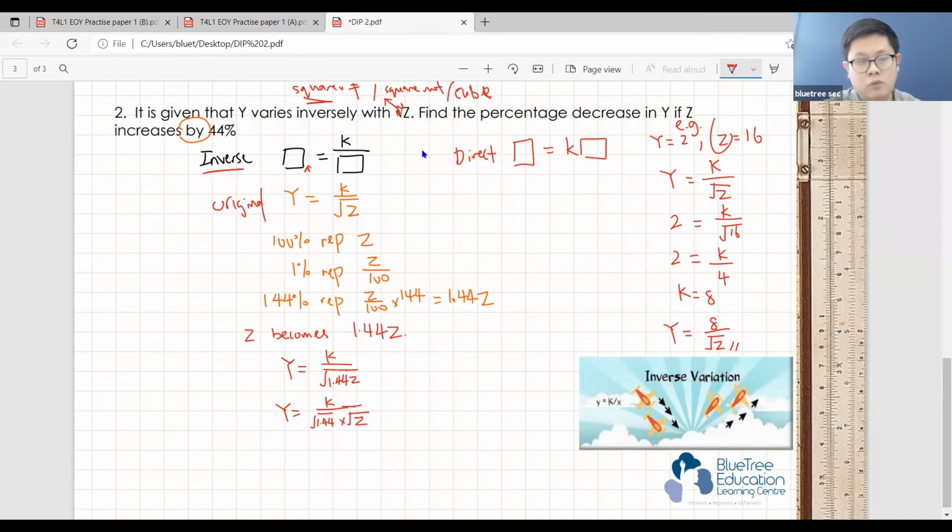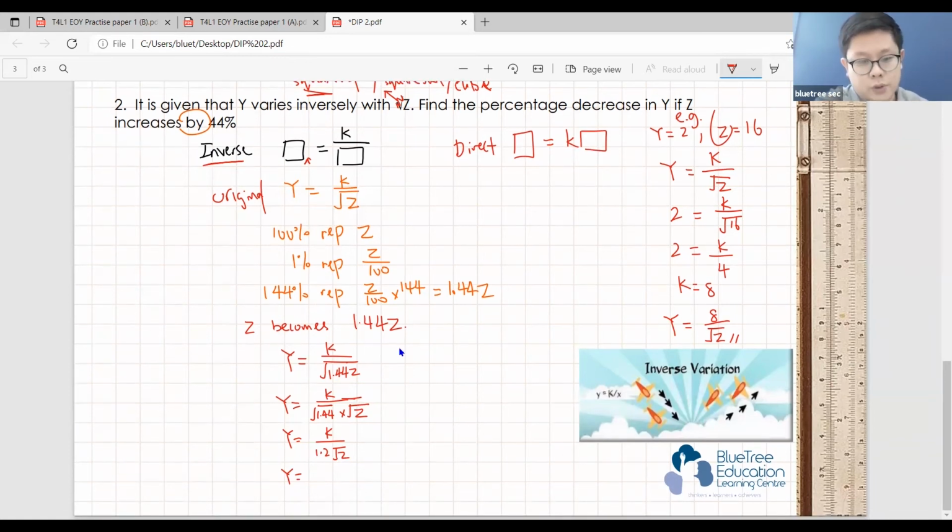So I want to try and remove this number from the algebra portion, so that we can create a coefficient. Like for example, if we're able to get something like 4 times k square root z, a coefficient here, then we will be able to compare the original y with this, right? That's the idea of the question here. So square root of 1.44 is going to give you 1.2. And then you will pull that out from the algebra portion to become the coefficient.